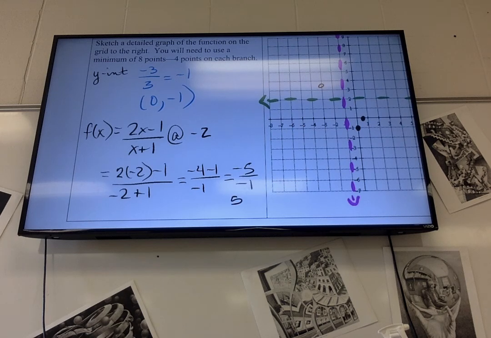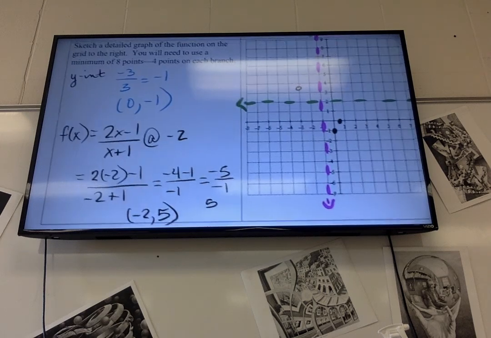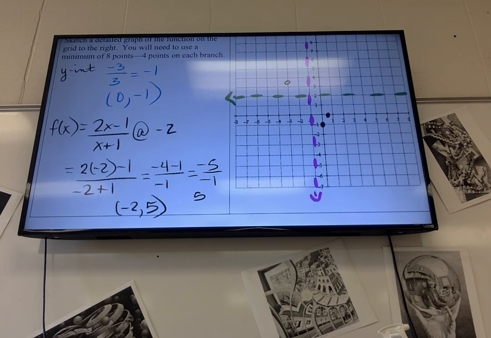So that's 5. So that's the point, -2, 5. So -2, 5 is there.